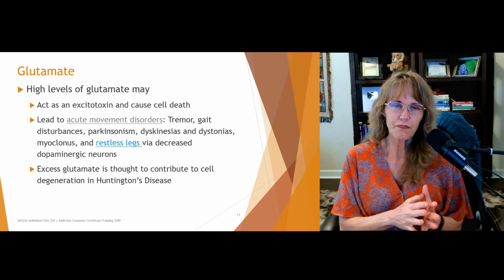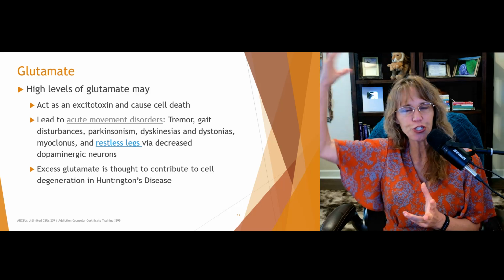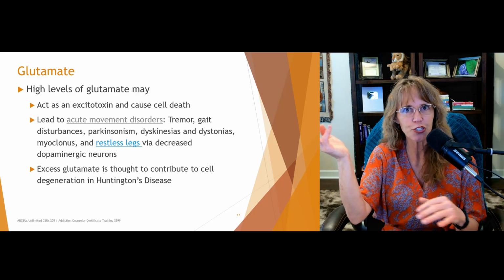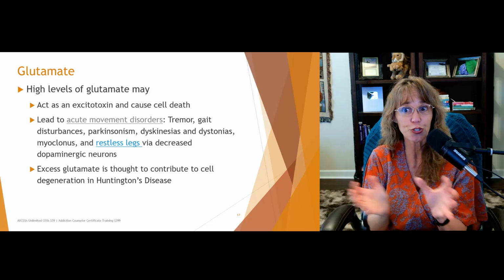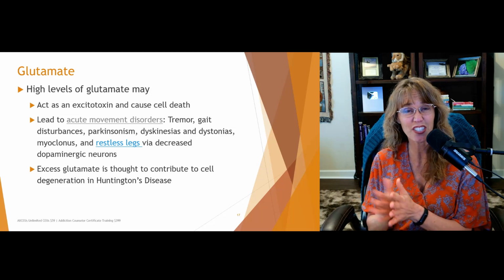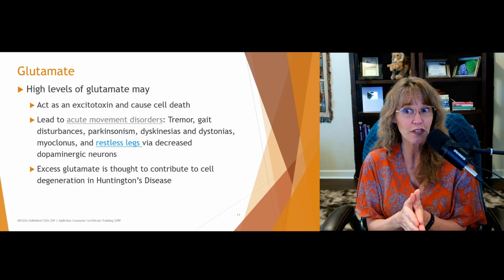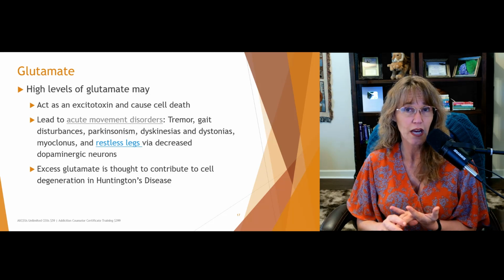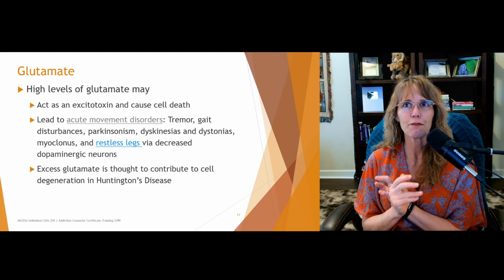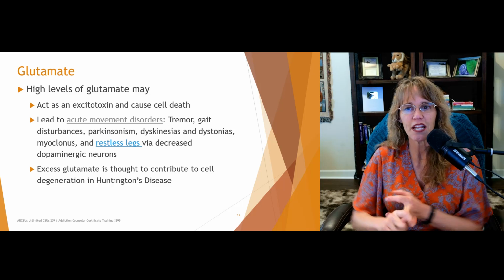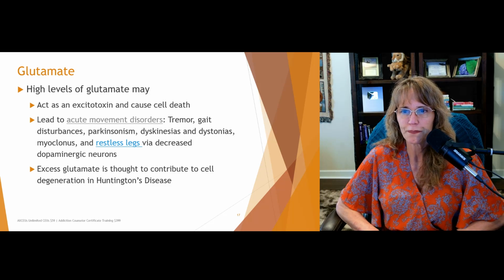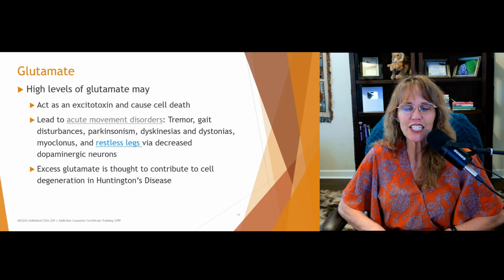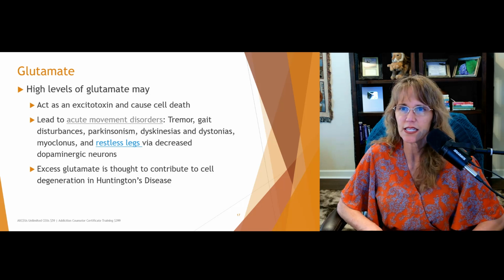So if the glutamate is too high, the dopamine may lose its ability to protect and control, and the glutamate may actually kill dopaminergic neurons. We know that low levels of dopamine are partially implicated in the development of some of these movement disorders. Excess glutamate is also thought to contribute to cell degeneration in Huntington's disease.